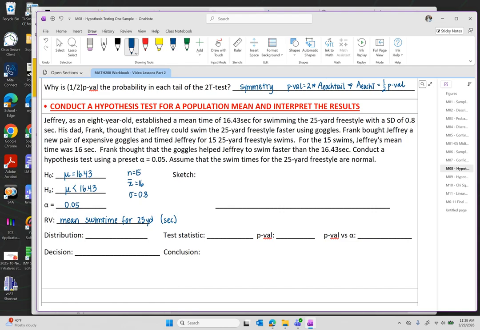And for this distribution, we want to find the distribution of the sample mean for samples of size 15. Remember that the distribution coming from an approximately normal population of data with a known standard deviation will be: X bar follows the normal distribution with a mean equal to the mean of the population, 16.43, and the standard deviation will be the standard deviation of the population, 0.8, divided by the square root of n, and n is 15.